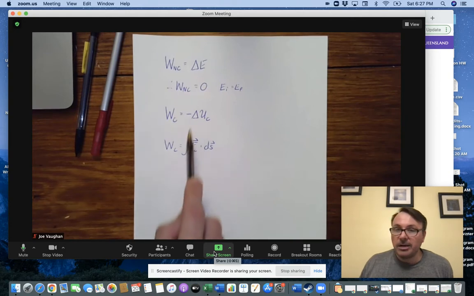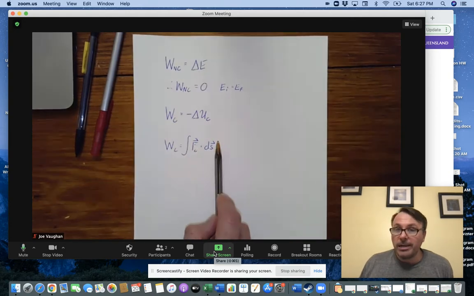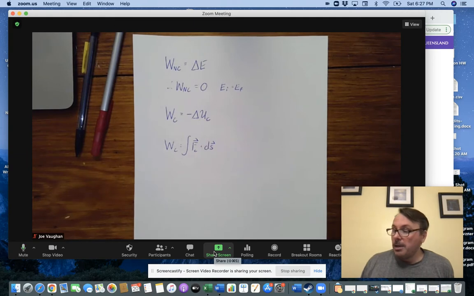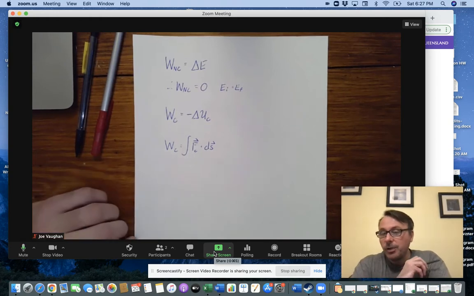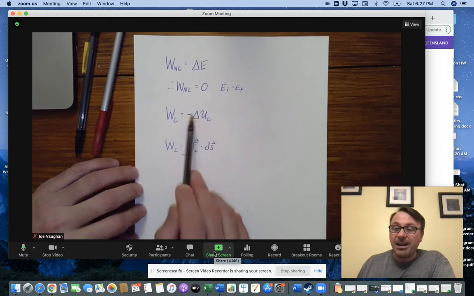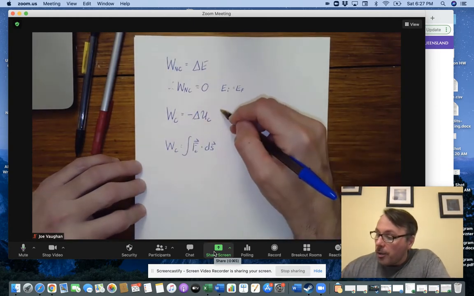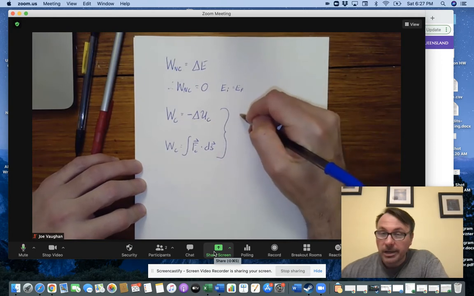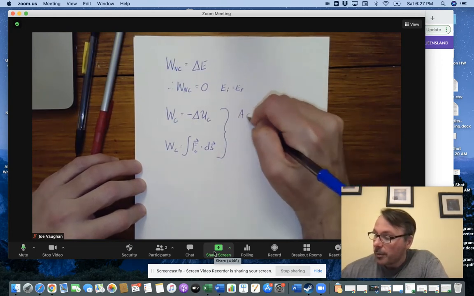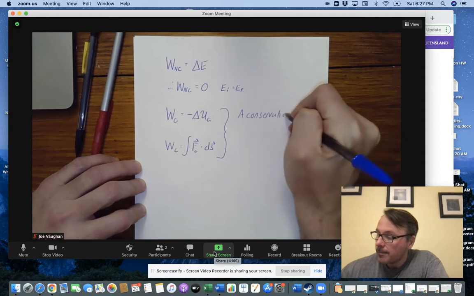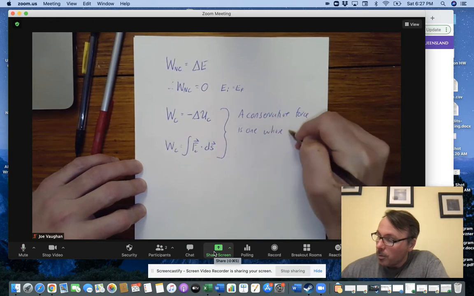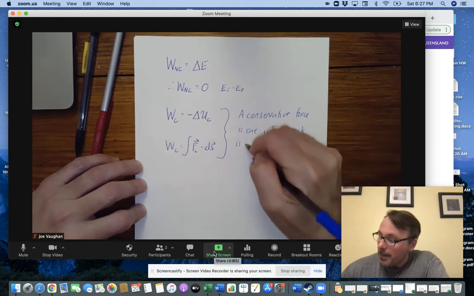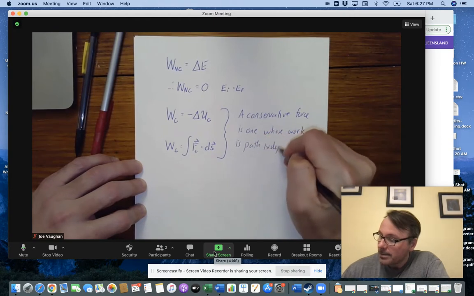The dot product in this derivation is what brings us from the vector quantity to the scalar quantity of the potential energy. And these potential energies are functions of position, meaning, and this is the big thing, that because the potential energies are functions of position and not how I get from one place to another, the criteria for conservative forces is that a conservative force is one whose work is path independent.